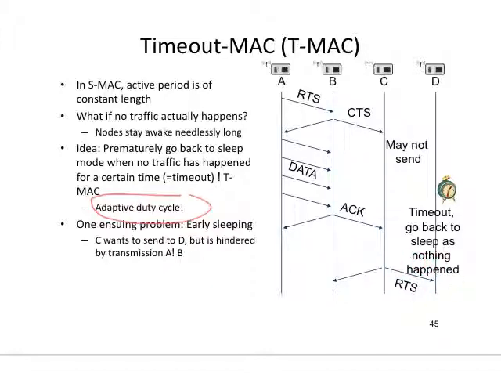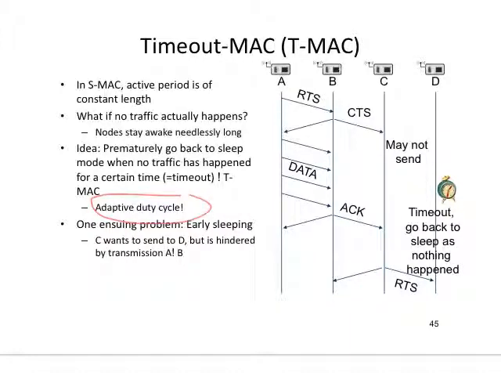This situation refers to C wanting to send to D, but is hindered by transmission between A and B. This point is interesting because C hears the CTS, so the CTS tells C some interesting information.